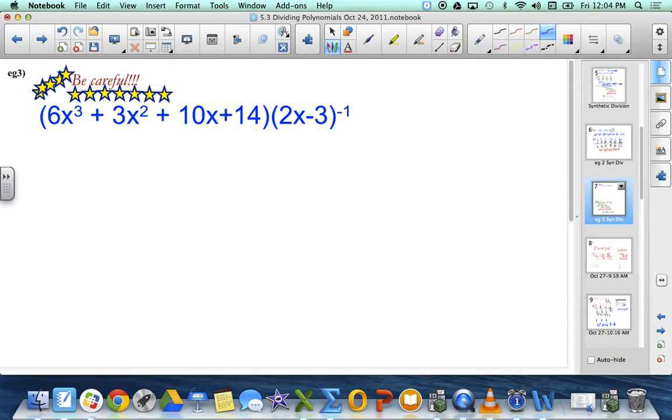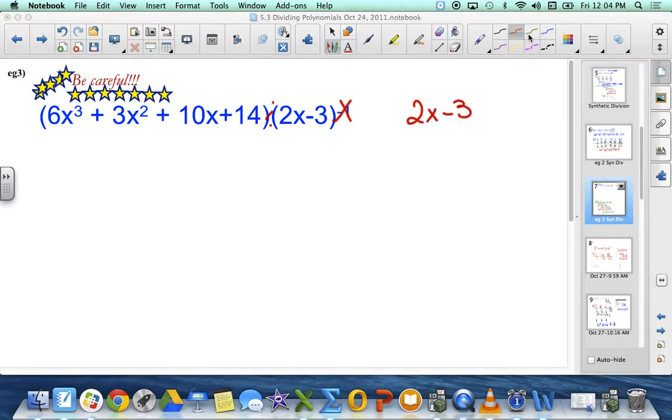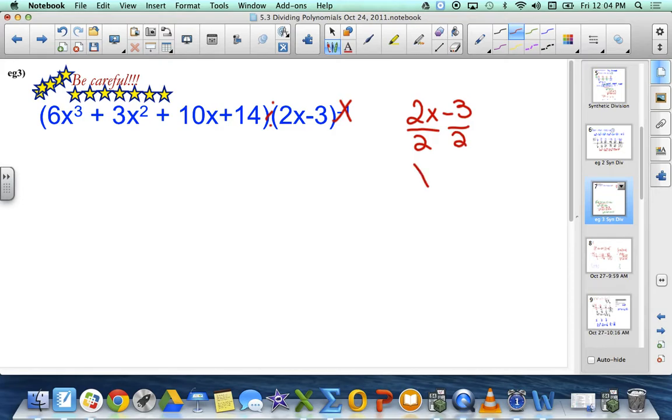All right? So what we want to do is take 2x minus 3 and change it. We'll divide by 2. We're not changing the value, we're just changing what it looks like. So we have 6, 3, 10, and 14.